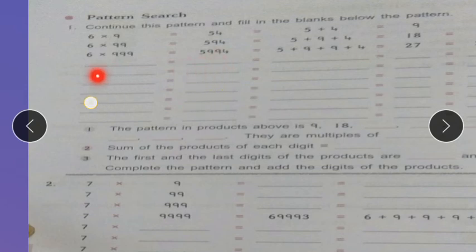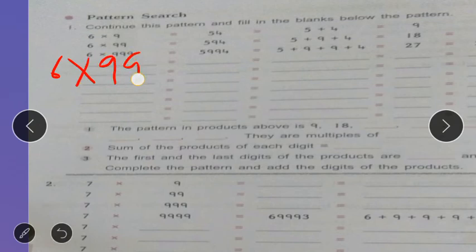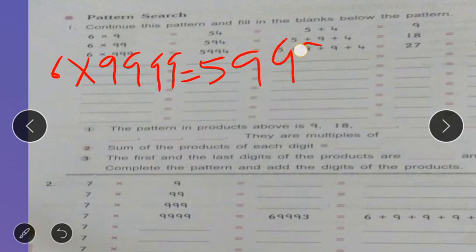Then next, 6 multiply 4 times 9. What you have to write in the next? 6 multiply 4 times 9. So this side number will be 5, that equals 5, 3 times 9, 4. Got it?